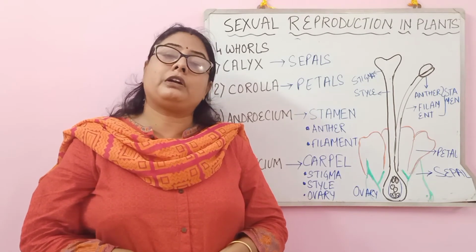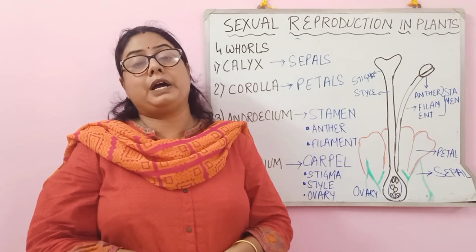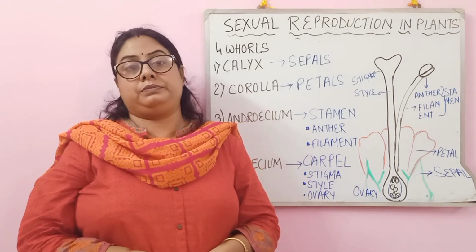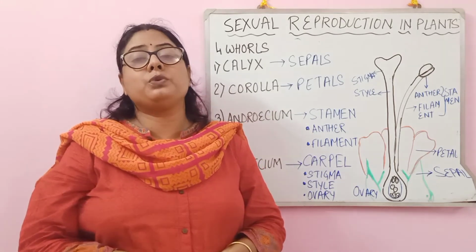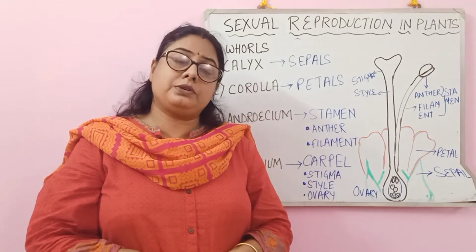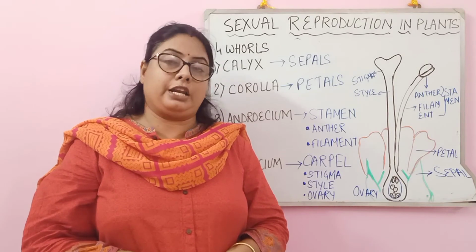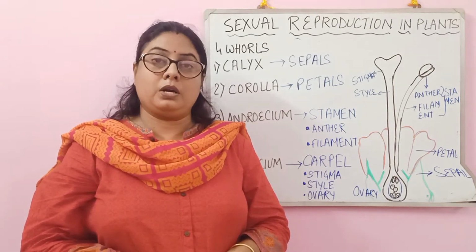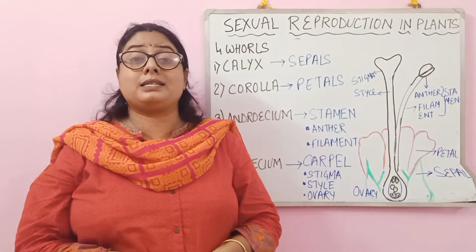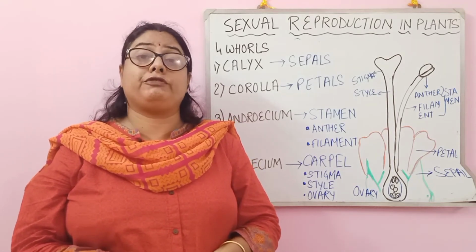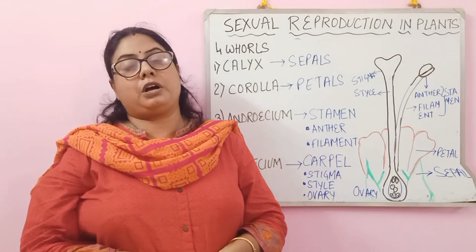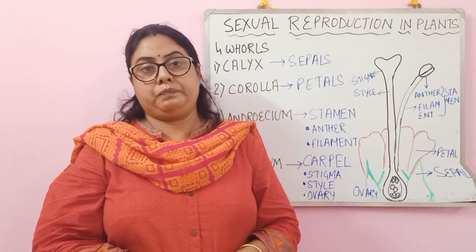The female reproductive structure is represented by gynoecium or pistil, and the individual units are carpels. So all the carpels taken together form the gynoecium. Androecium and gynoecium are the essential whorls of the flower because they take part in reproduction directly.